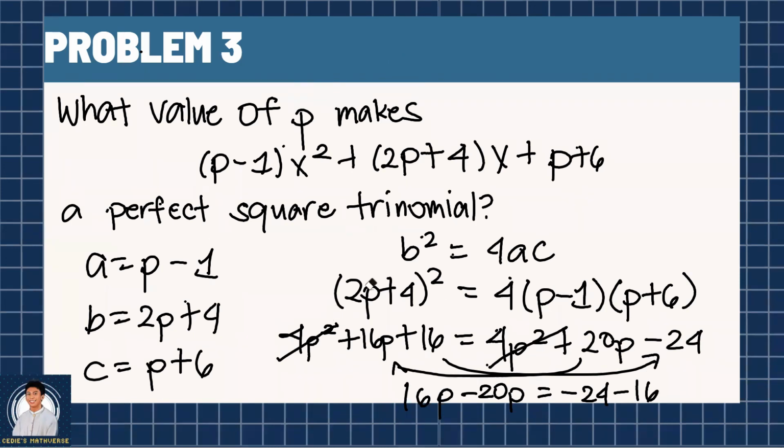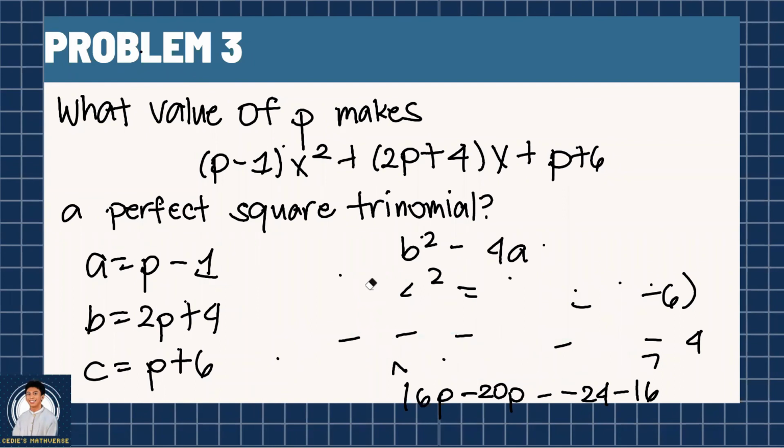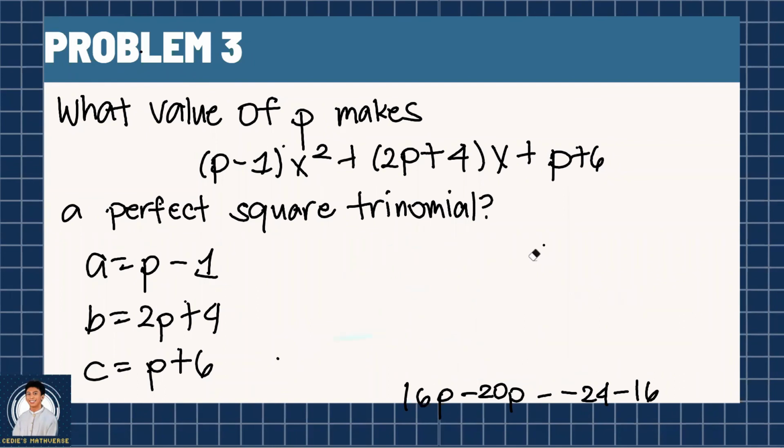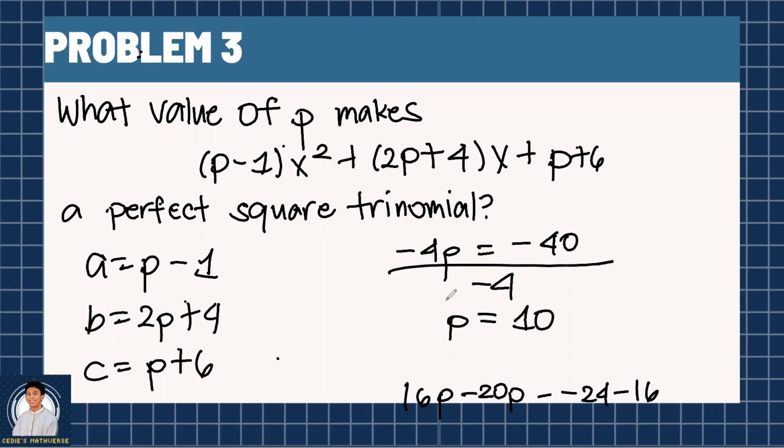This becomes negative 4p equals negative 40, in which when we divide both sides by negative 4, we get p equals 10, which is the only value of p that satisfies the given condition.